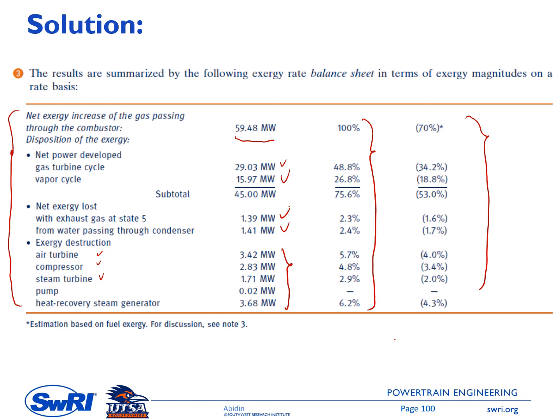They were assumed to be about 30%. So 70% stays inside the combustor and is used for this gas turbine cycle. So in case we only have 70% of the exergy, this is the new percentage of the exergy analysis.